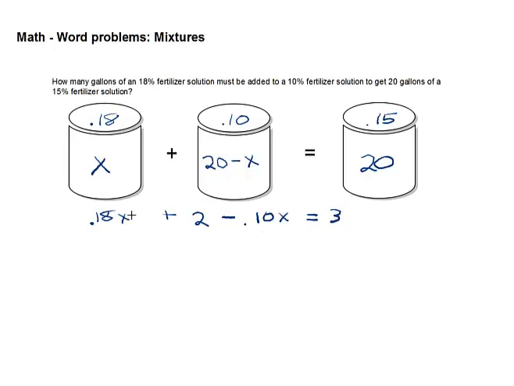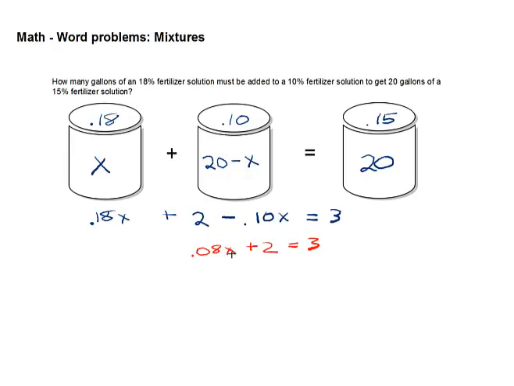So again, this time, algebraic equation, combine your like terms. So 0.18 minus 0.10 would give us 0.08x plus 2 equals 3.